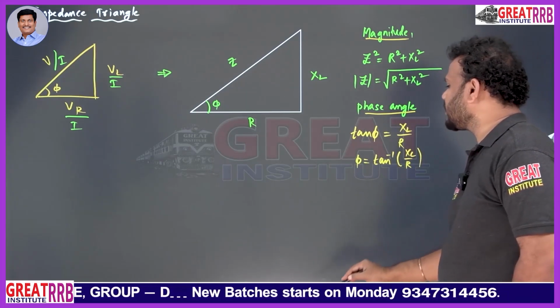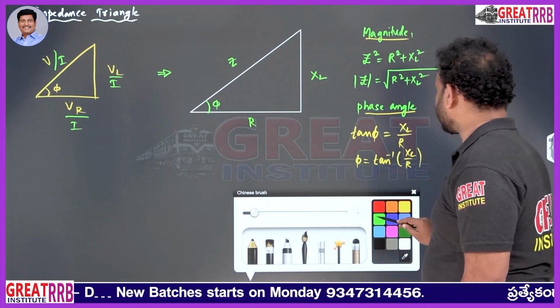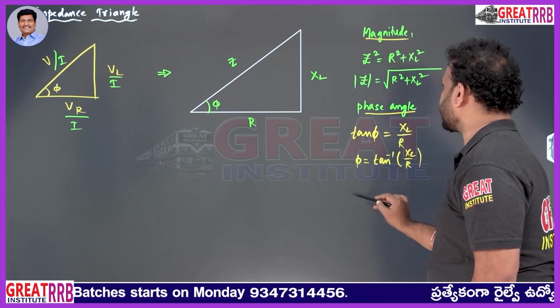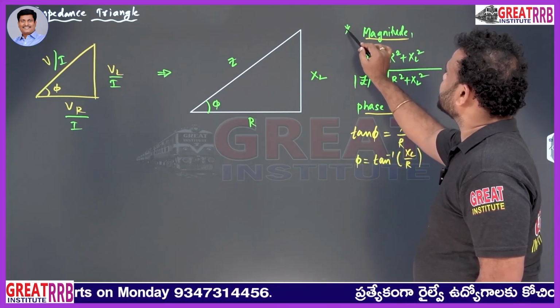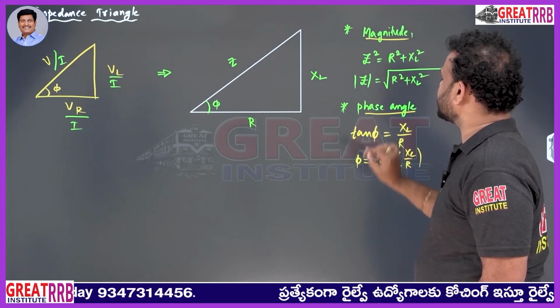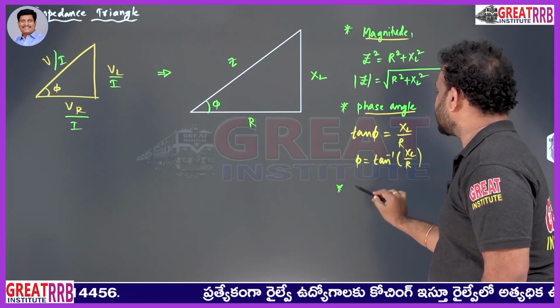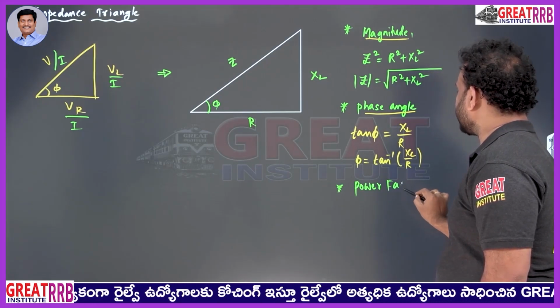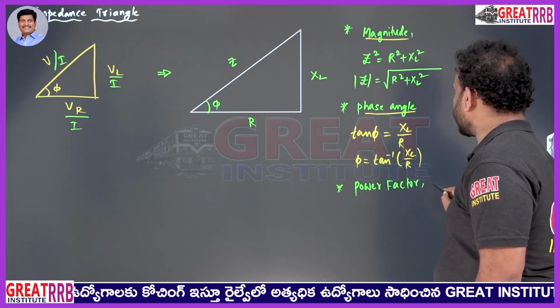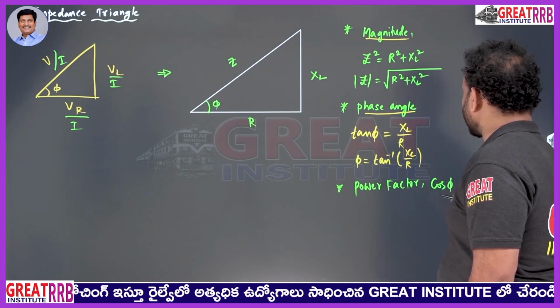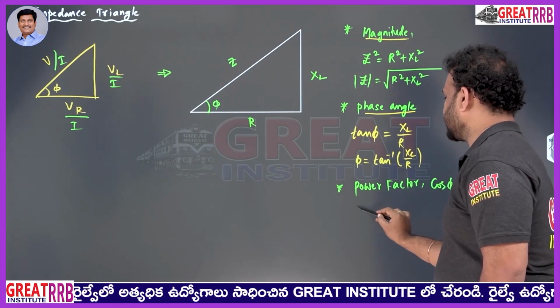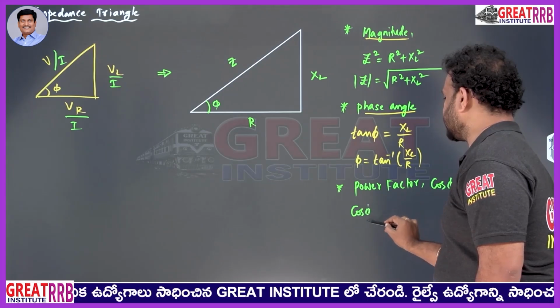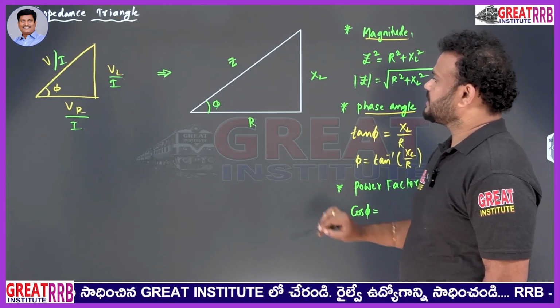This was the first one, the magnitude, this was the second one, the phase angle, and the third one is the power factor. The power factor is nothing but cos of this function phi. So cos phi is equal to, cos in the sense what?